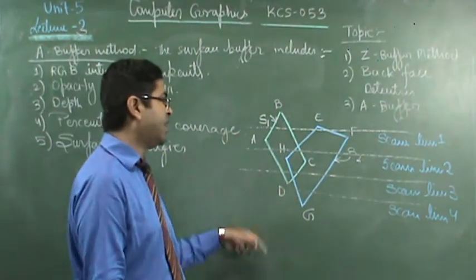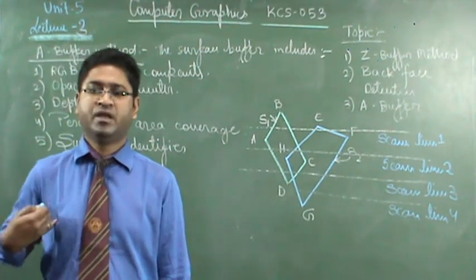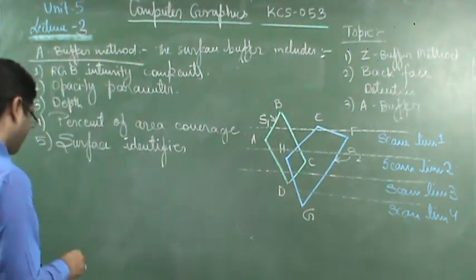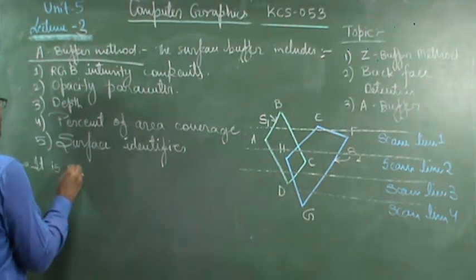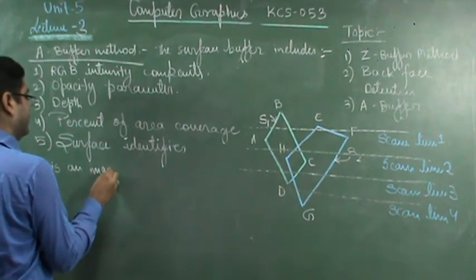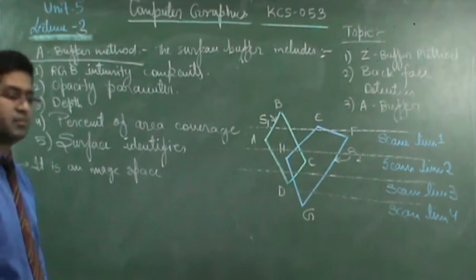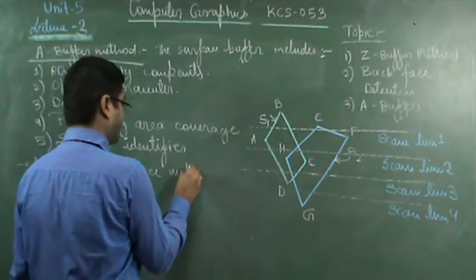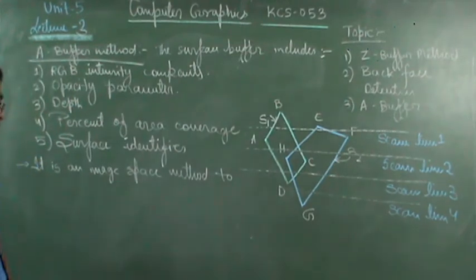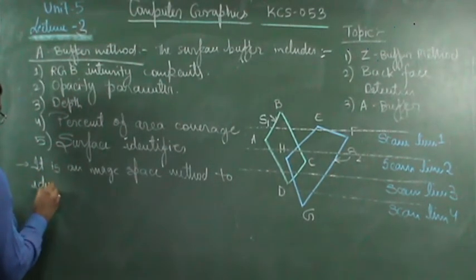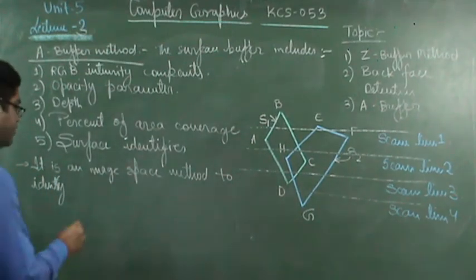So this is the part of the scan line method, which is also used in the A buffer, and it is an image space method to identify visible surface.